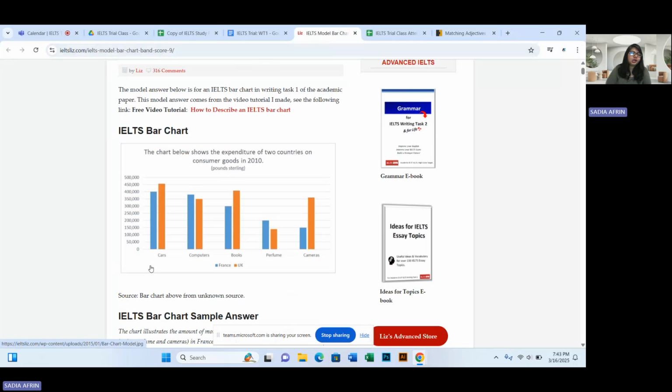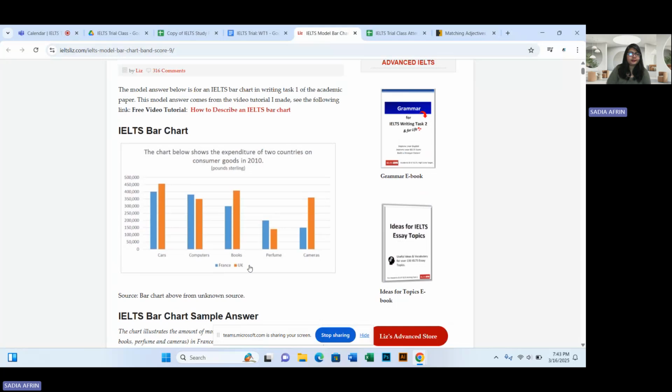All right, so of course, we can see that these consumer goods expenditures are from the UK and from France. These goods are cars, computers, books, perfume, and cameras.